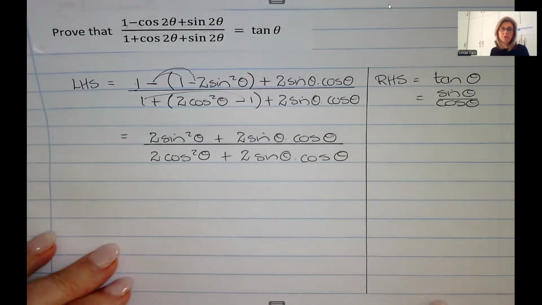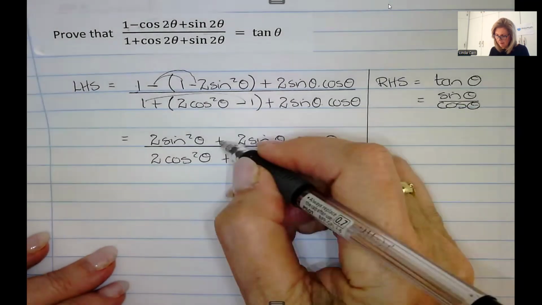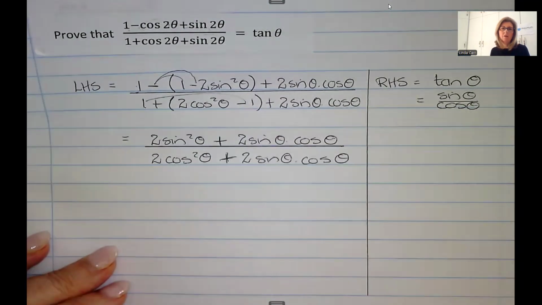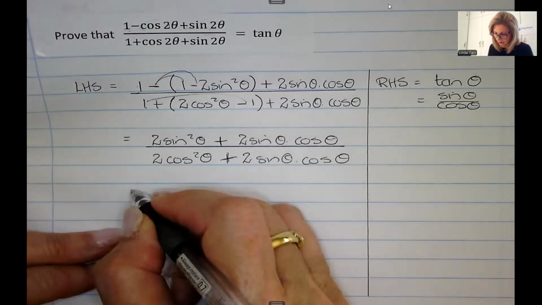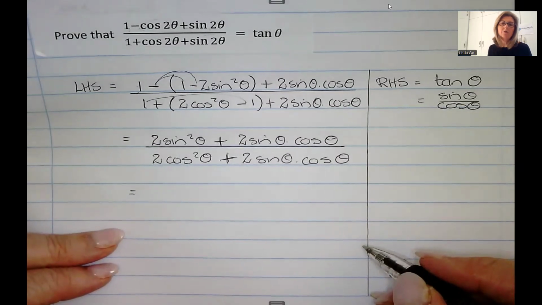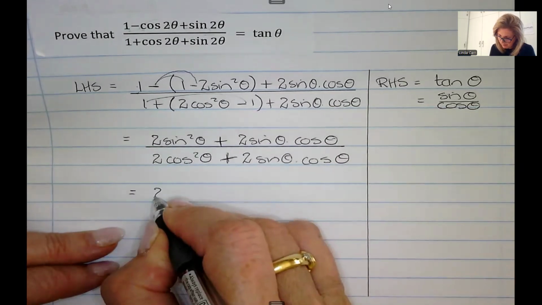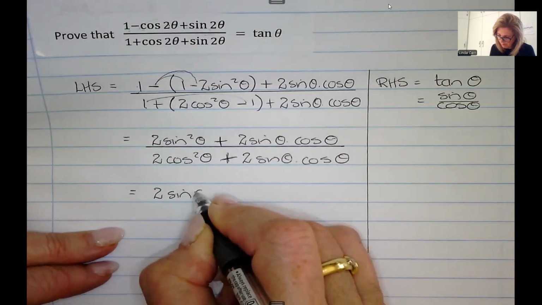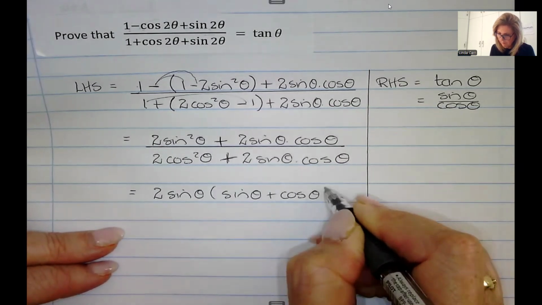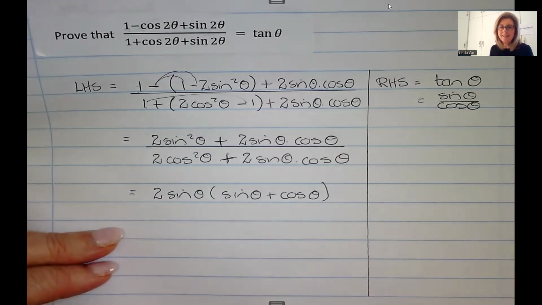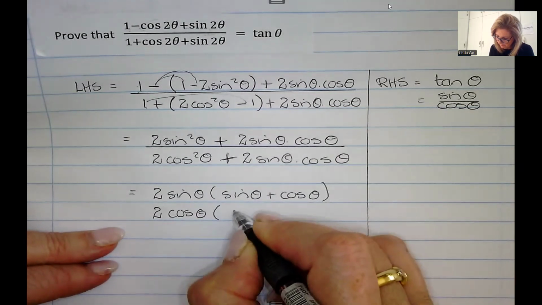Right, the worst thing you can do now is to start cancelling anything because we have a plus and a plus. Okay, so what we're going to do is we're now going to use all our other mathematical knowledge like we did in grade 11, and we're going to factorize. So I'm going to factorize the numerator by taking out a common factor of 2 sine theta. And I'm going to factorize the denominator by taking out 2 cos theta.